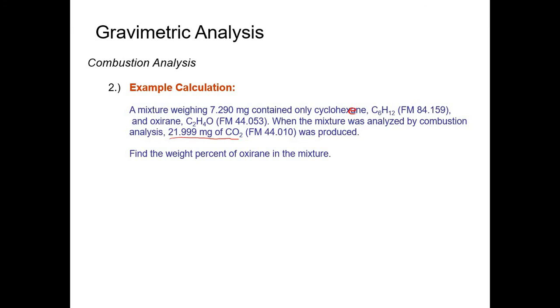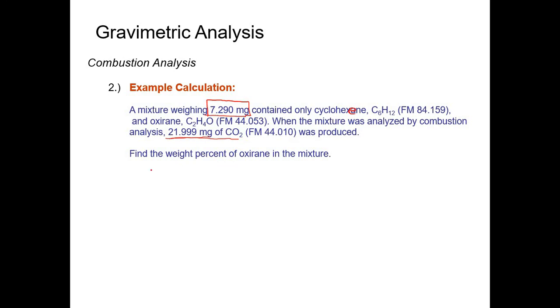So the first step is to create the balanced equation. What happened during the combustion? The mass of the mixture is 7.290 milligrams, containing cyclohexene and oxirane. When analyzed by combustion, 21.999 milligrams of CO2 was produced.